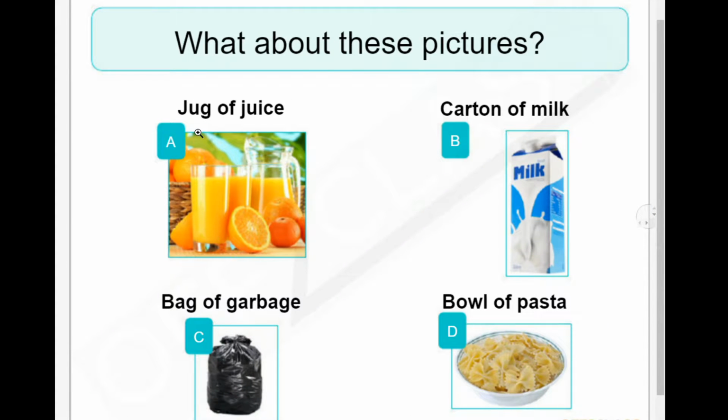We have a jug of juice. A carton of milk, a bag of garbage, and a bowl of pasta. What is this again?